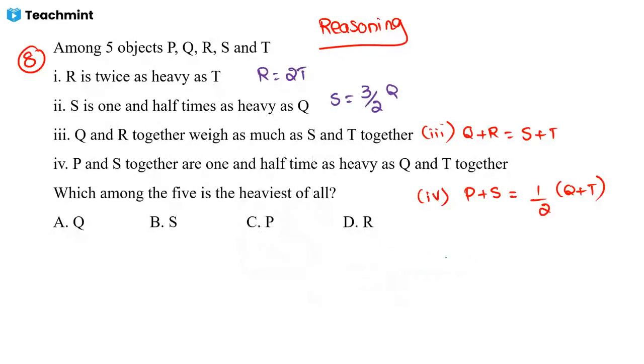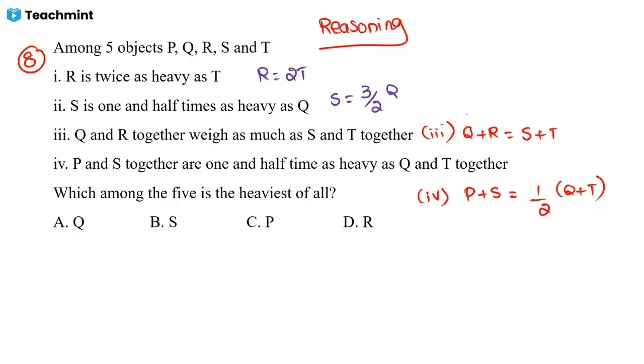If you substitute, some of you are just moving forward, you can substitute R in terms of 2T, Q in terms of S, then we'll get the S and T relationship. You can convert all Q into S, or R also in terms of T, then we'll get T and S relationship also.